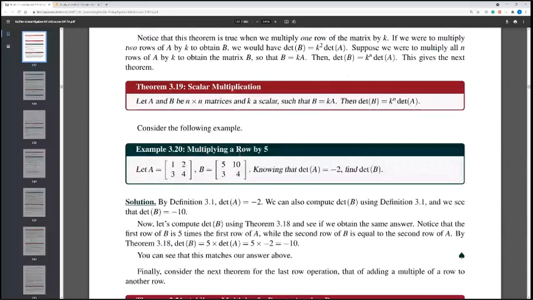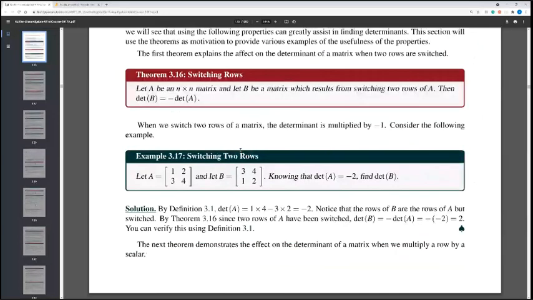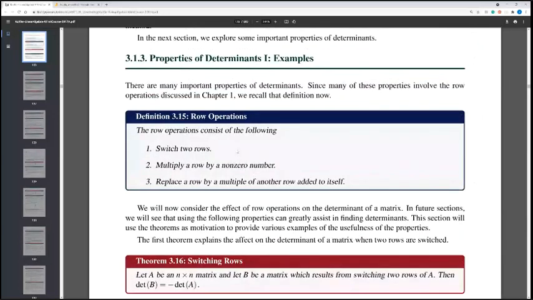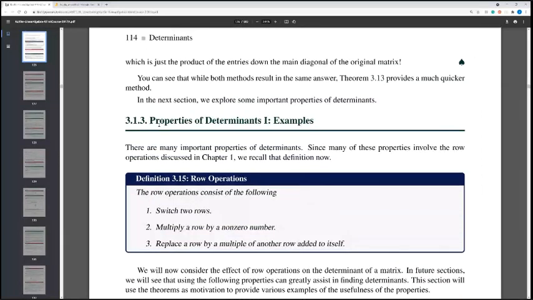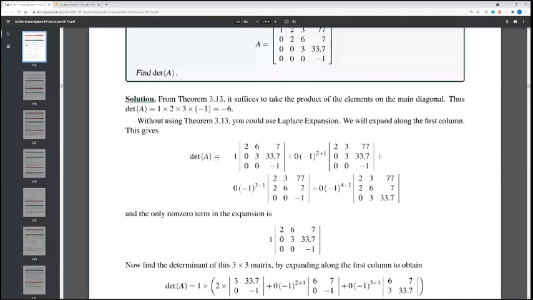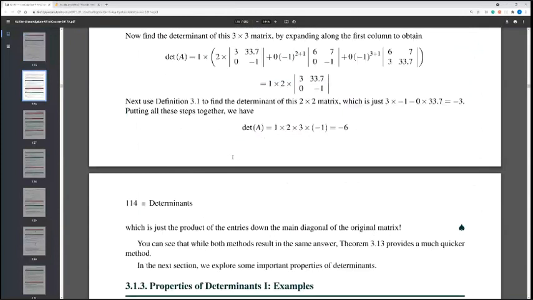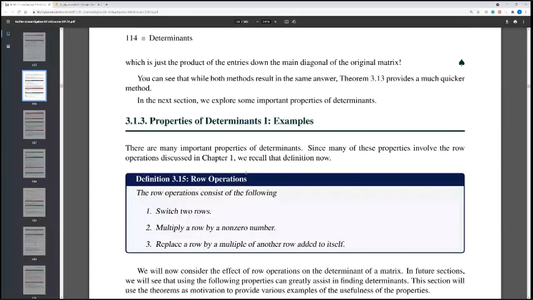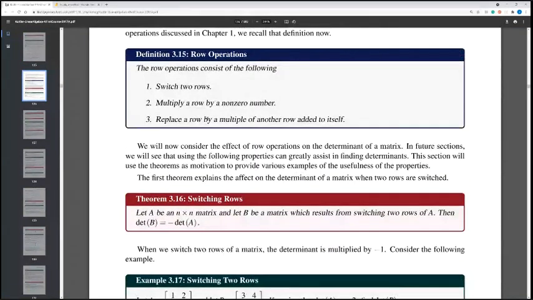So let's see, okay. Okay, so the first property, so we are doing now this section 3.1.3. Okay, I think we have covered everything before that, right? We did everything here. Okay, so now we start with the operations. So if you are given a matrix, right, and you want to calculate its determinant, right?